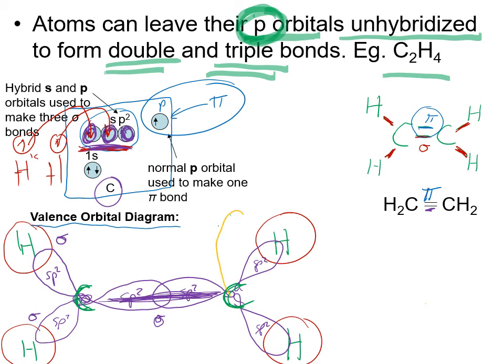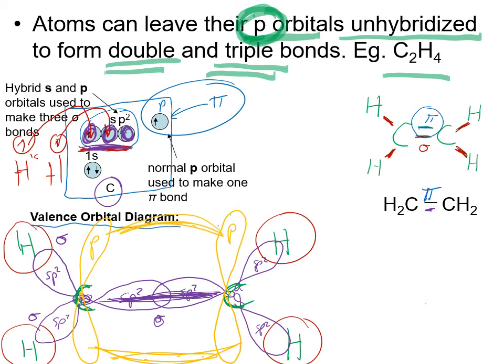So if they want to share another pair, they can't do it in the space between the two atoms. But if they have a p orbital, with that nice linear double-lobed p orbital, they are essentially able to share that second pair of electrons above and below the bond that's in the middle.